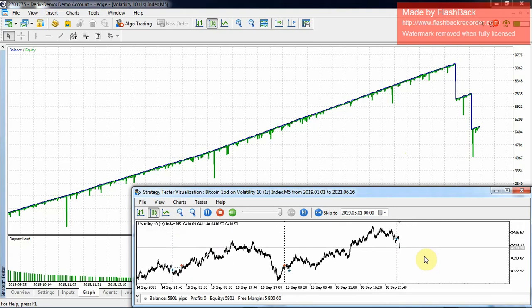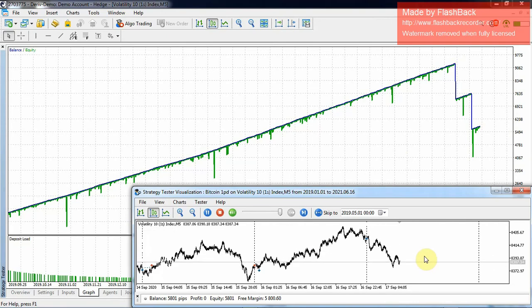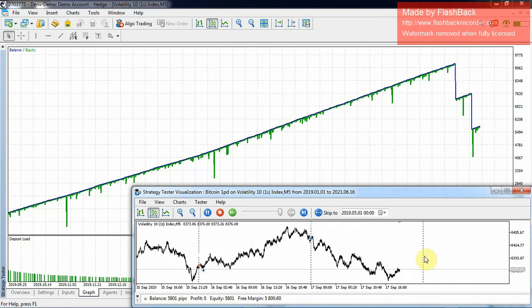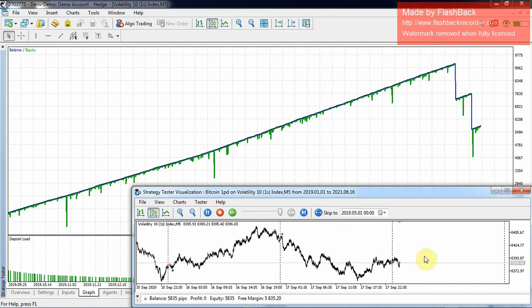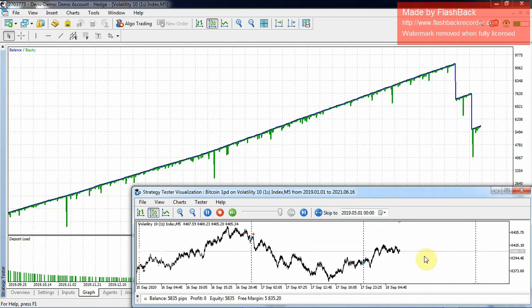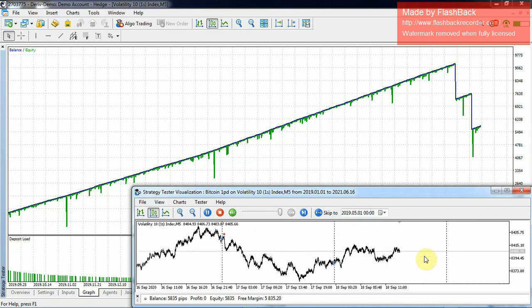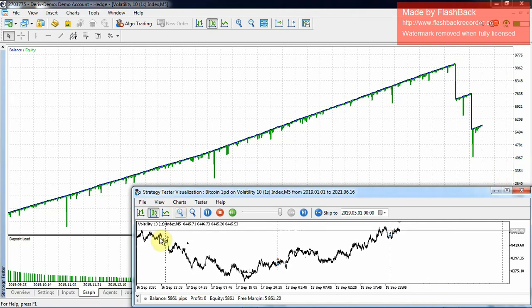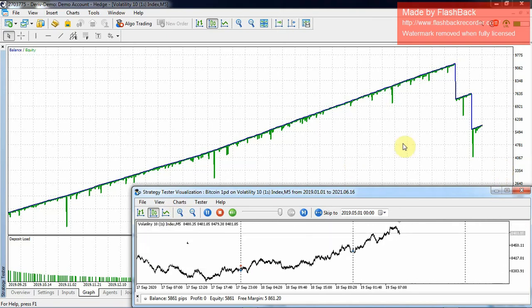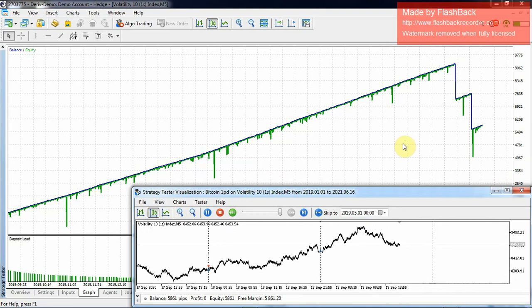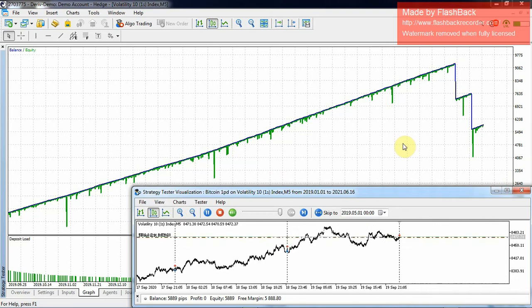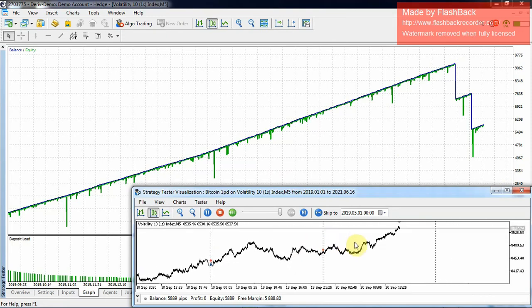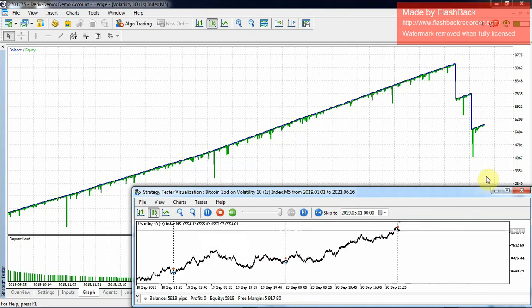Let's see if the Gods of Wall Street Volatility 101S trading robots will be able to recover the two losses we just had in the month of September 2020. What happens next is what will determine whether or not this robot is worth using.